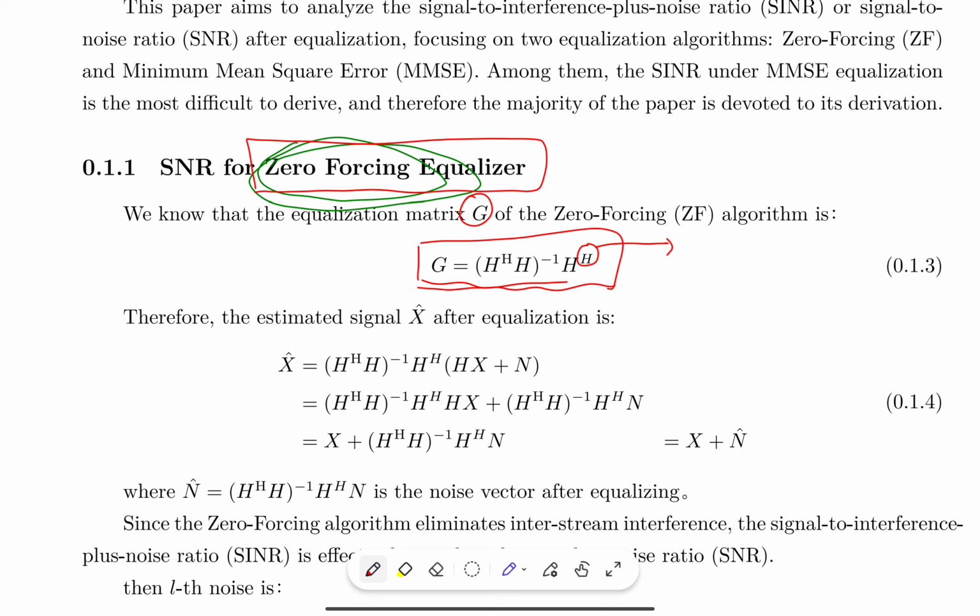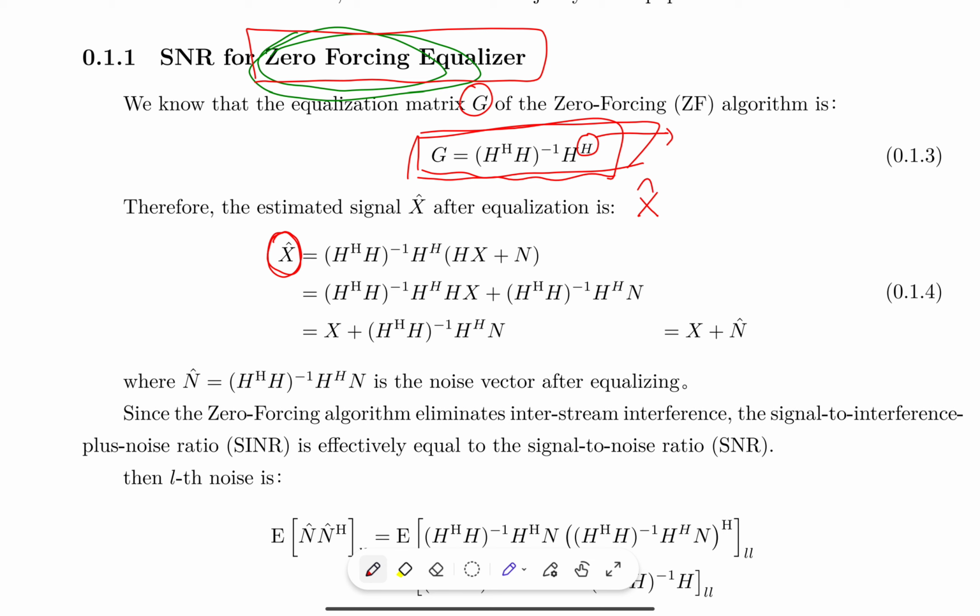This is the equalizer matrix G. So the estimated signal X hat is GY. We know Y is HX plus N. So now we know the G matrix is like this one.